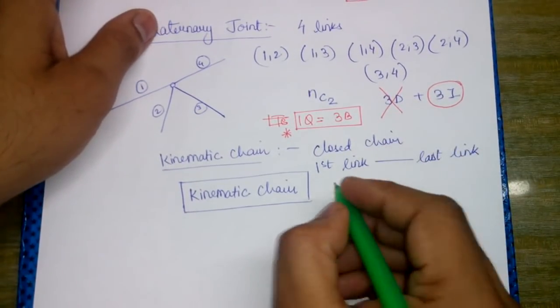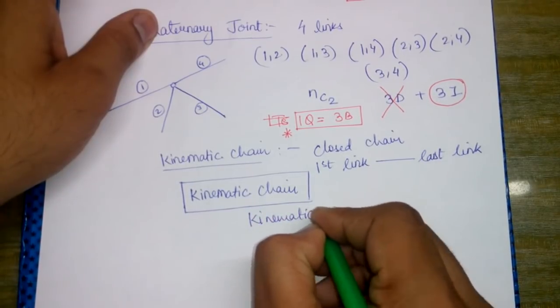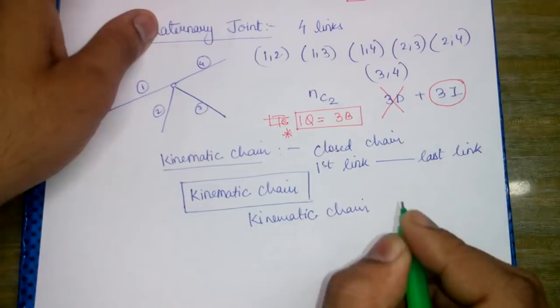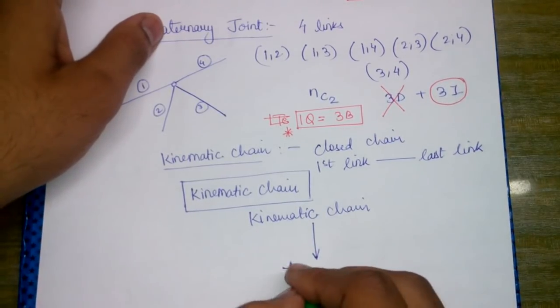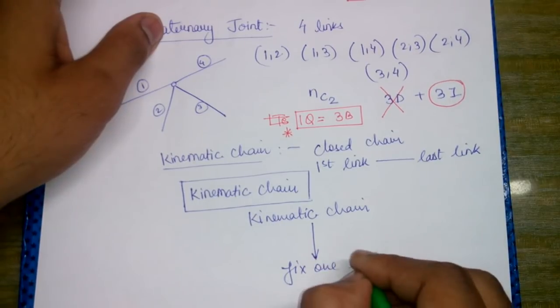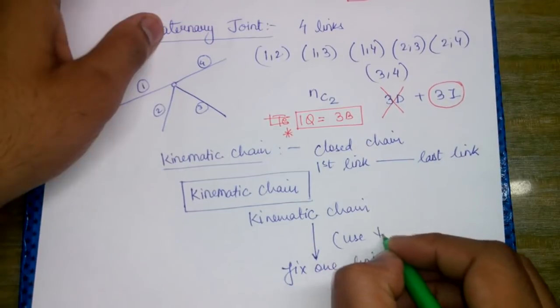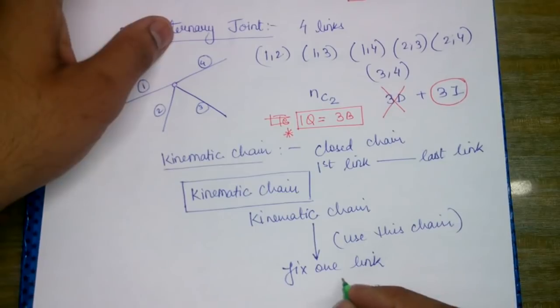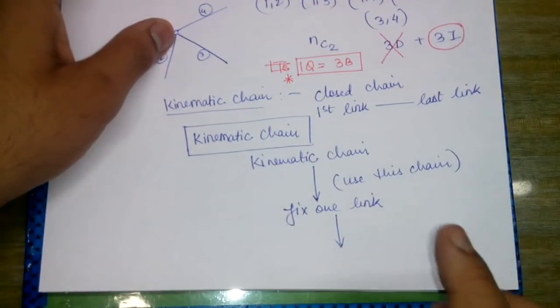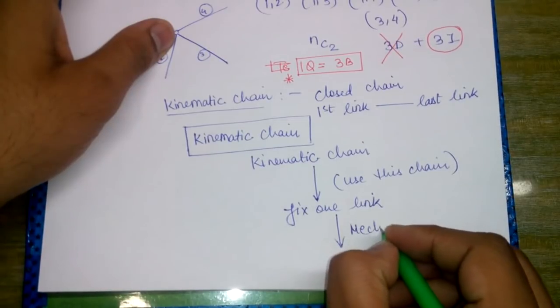So in a kinematic chain, what we do is fix one link. If one of the links is fixed, then it becomes a mechanism.